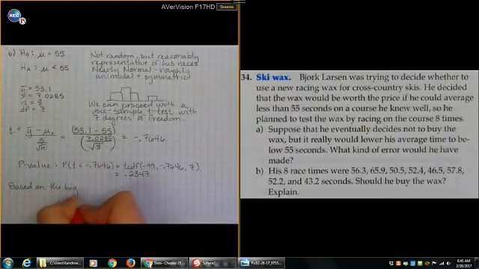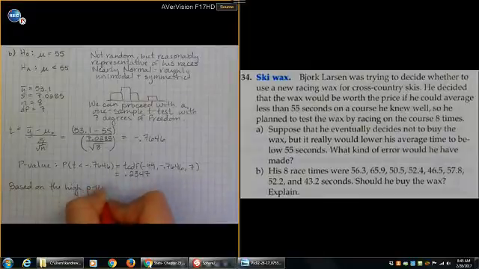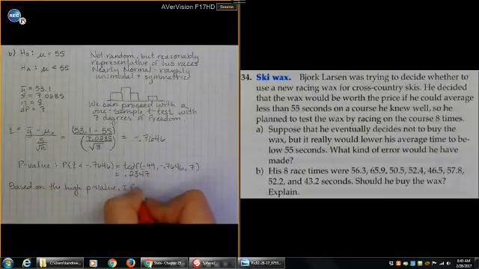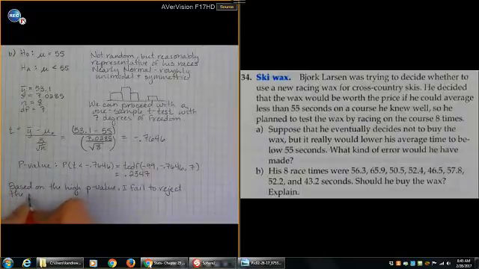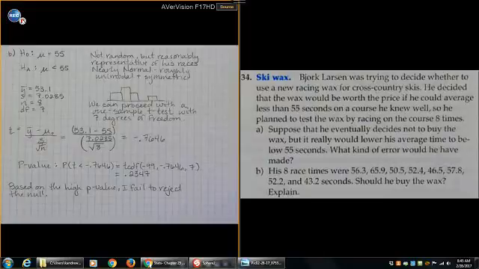You are saying, in this case, I failed to reject the null, and I'm saying that because I do not have enough evidence that the true mean is less than 55 seconds. So the evidence you're looking for is always either in favor of the alternative or not having enough evidence of the alternative.